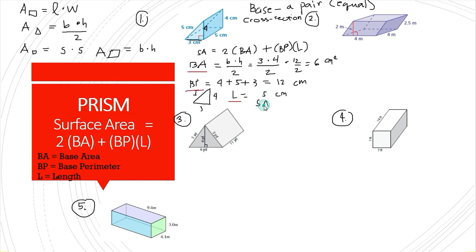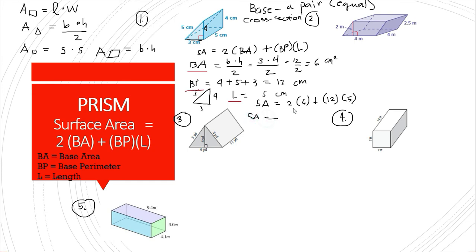So we have surface area is equal to 2 times your base area, which is 6, plus base perimeter, which is 12, and then times the length, which is 5. Right, so let's continue solving.